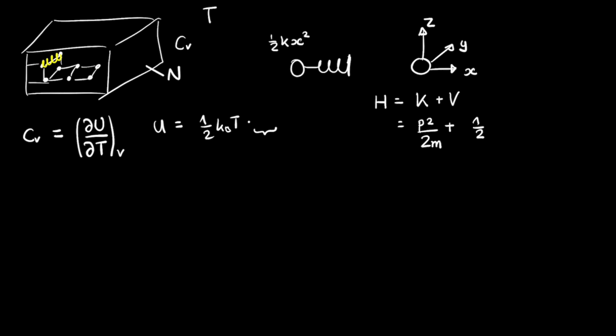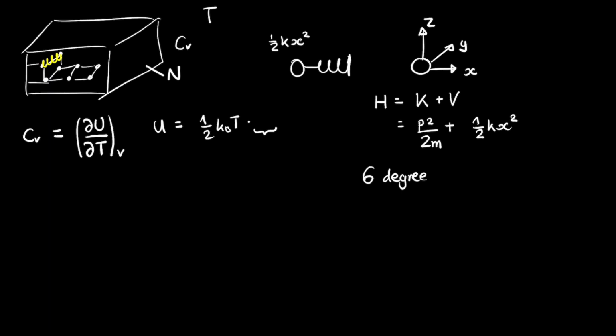So this is our Hamiltonian. Of course, you're going to have one of these in every dimension, so you're going to have 3 momentum coordinates and 3 position coordinates. And so what are you going to end up with? A total of 6 degrees of freedom.